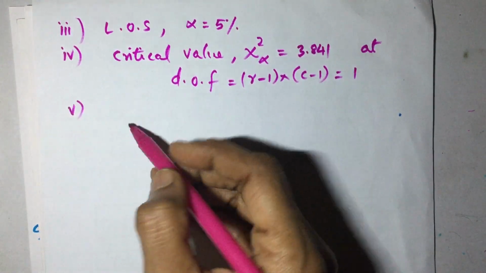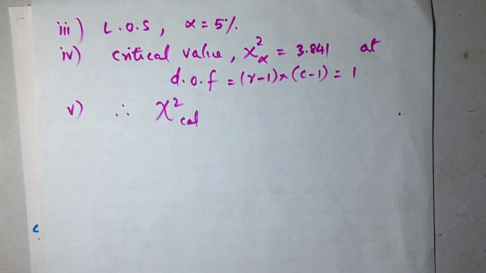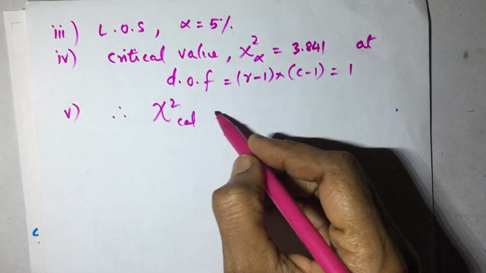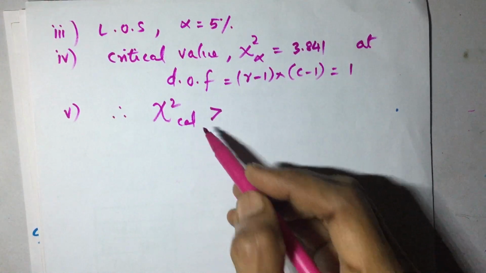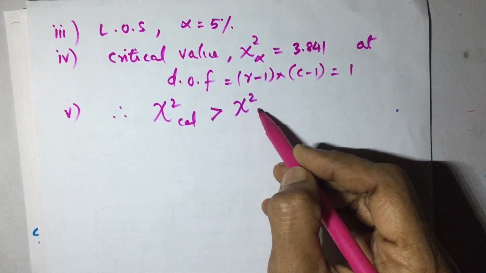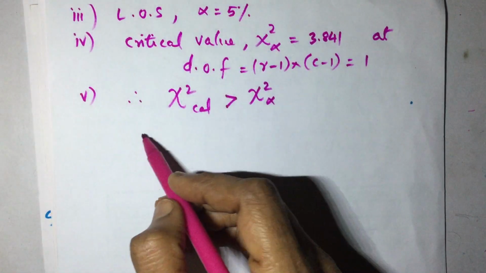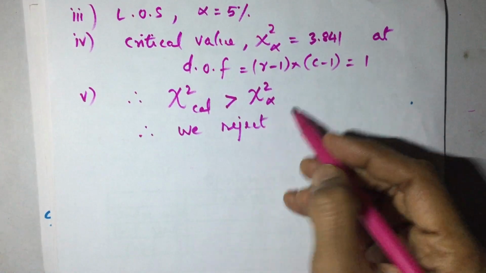Therefore, now the decision: the chi-square calculated value is 66.88, so it is too big. So chi-square calculated value is obviously greater than chi-square alpha. Therefore we reject the hypothesis.